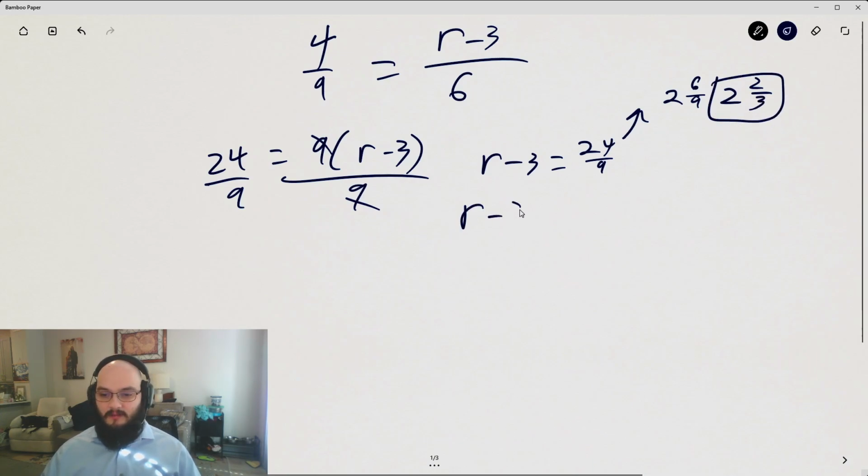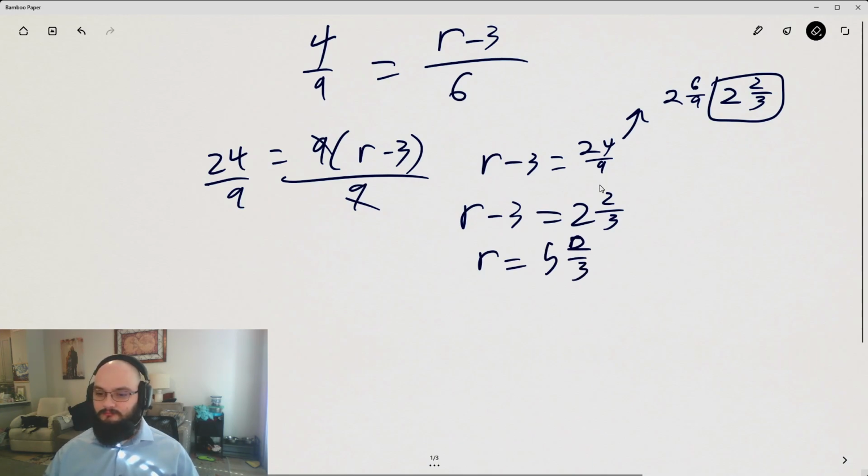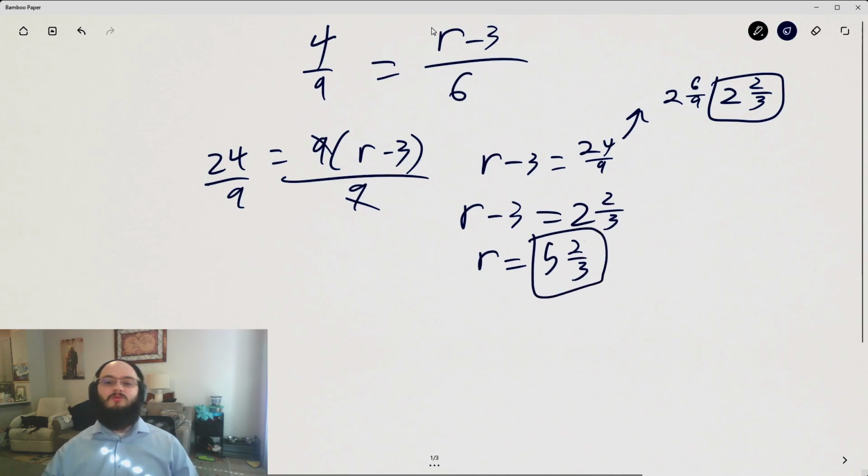So we have r minus 3 is equal to 2 and 2/3. Adding 3 to both sides, r is equal to 5 and 2/3. And that will be the answer for what r is equal to in this proportion, 5 and 2/3.